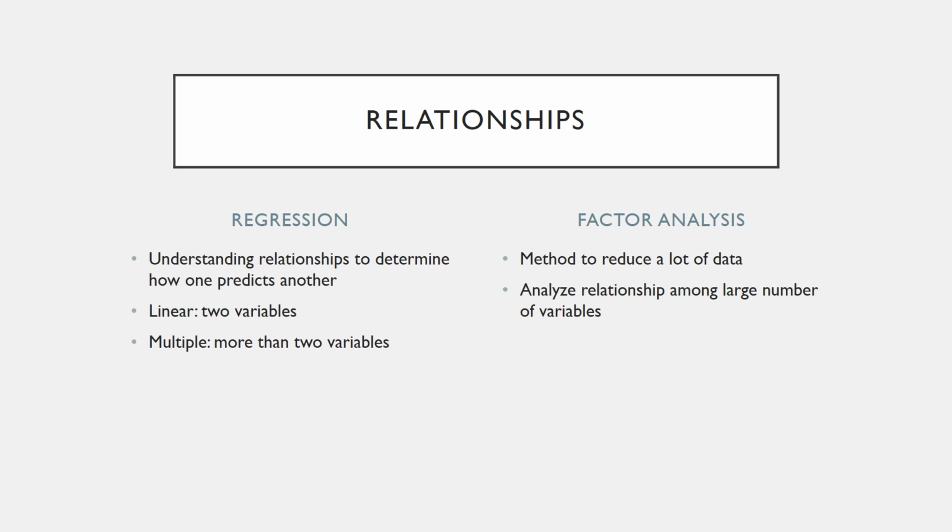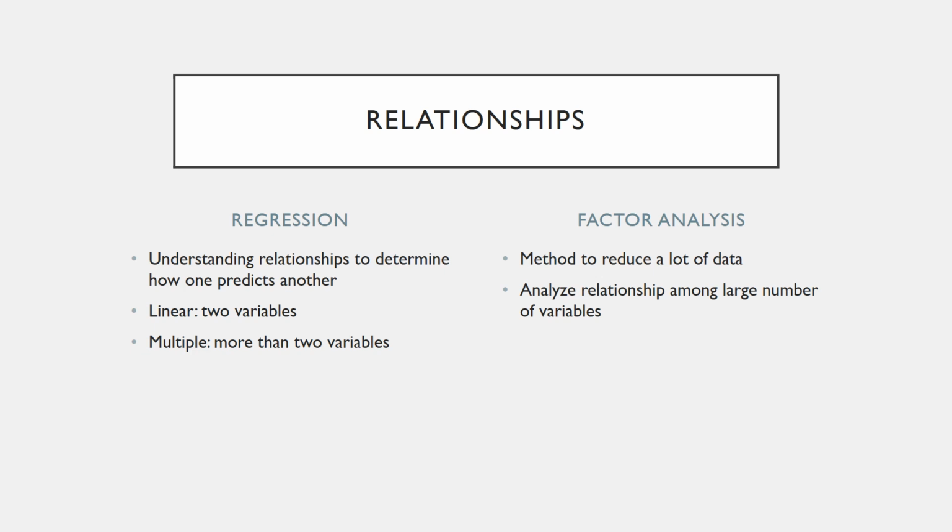So then we would use factor analysis, which is another statistical option to examine relationships between data when we have a whole lot of data that we want to make sense of. So we might have a large number of variables, perhaps more than we could use regression to understand, and we want to analyze a relationship amongst these really broad, large groups of variables using common dimensions.